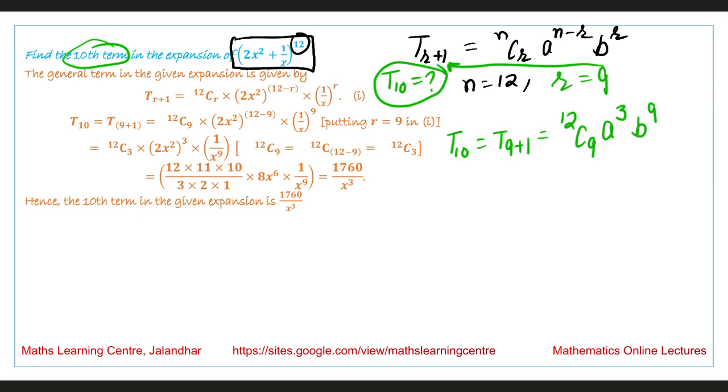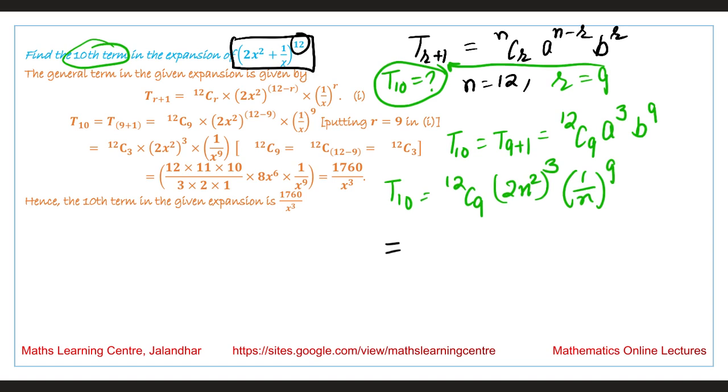Now the value of a and b: T10 is equal to 12C9, a is 2x square raised to the power 3, and b is 1 by x raised to the power 9.